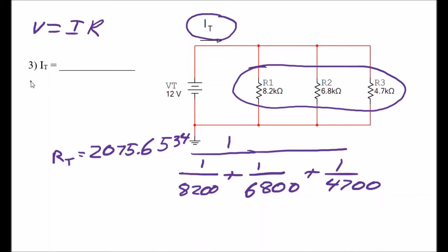I have a voltage, which is 12. So V equals I. I'm looking for that. And my resistance is 2075.6534.